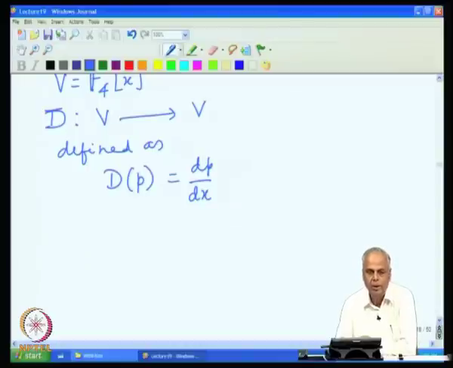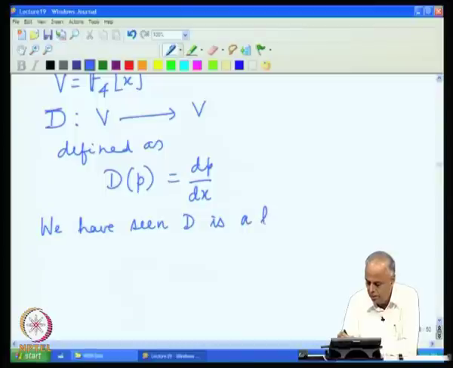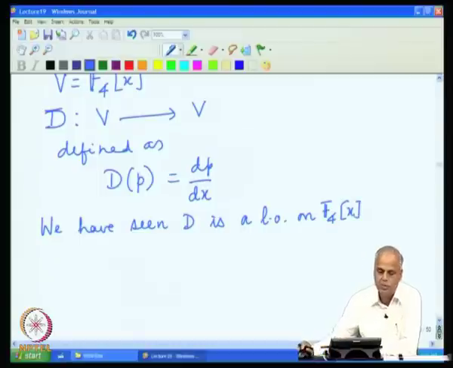We had seen in the last lecture that this is a linear transformation or a linear operator. We have seen D is a linear operator on F_4[x]. Our V now is F_4[x].